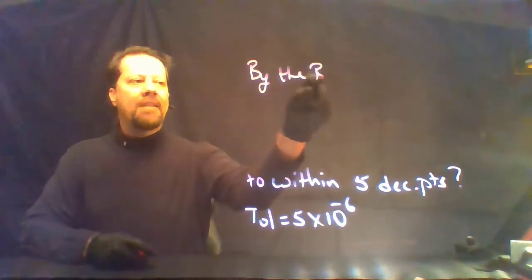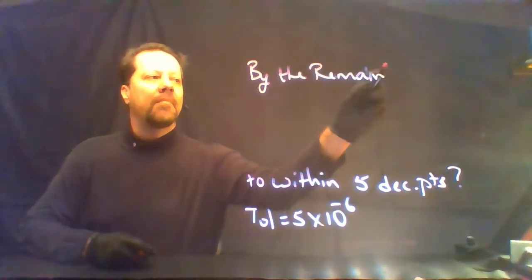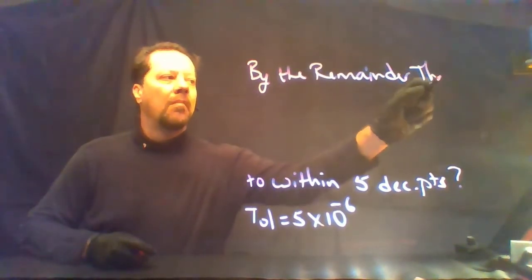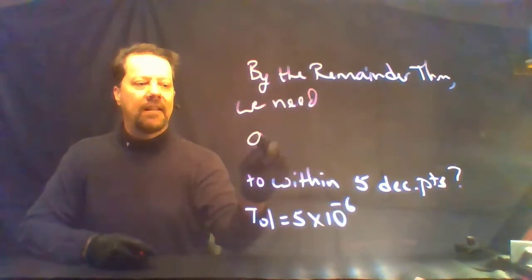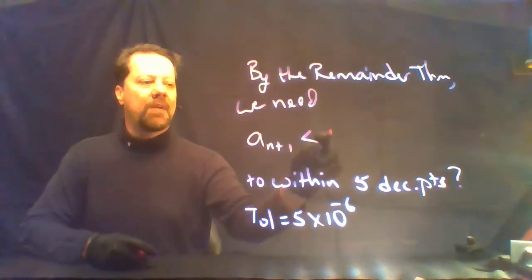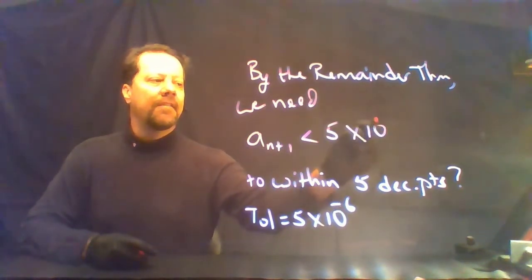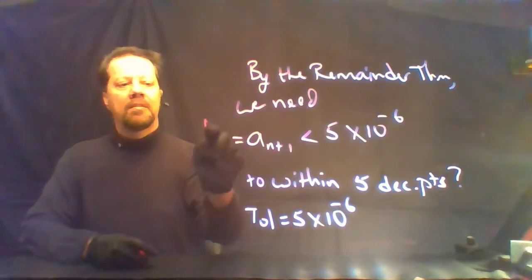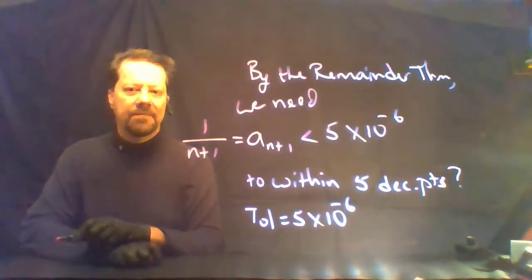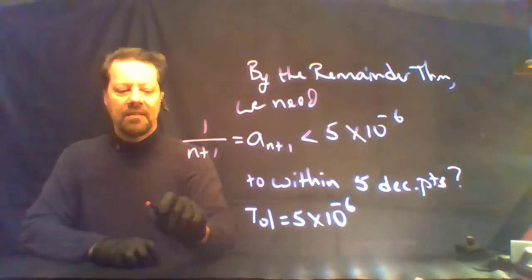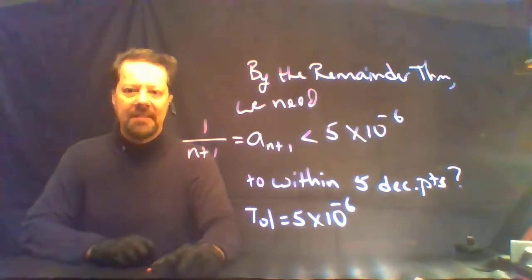By the remainder theorem, we need a sub n plus 1 to be smaller than our tolerance for error. But a sub n plus 1 is 1 over n plus 1, since a sub k was 1 over k.